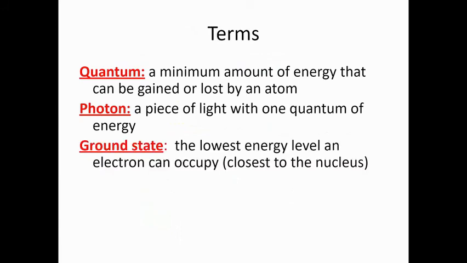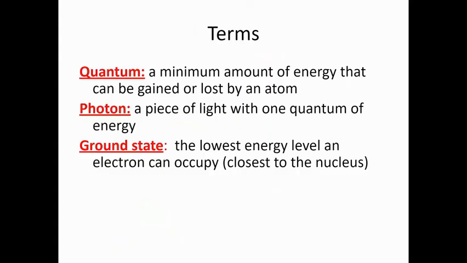So ground state is the lowest energy level that an electron can occupy. And we know that the electrons will stay as close to the nucleus as possible because of that attractive force of the positive nucleus to the negative electron. But at a certain point, we can't fit any more electrons into that orbit, or we now call it an orbital.